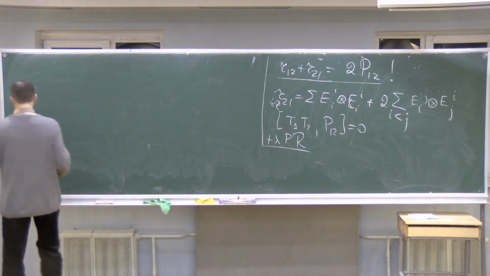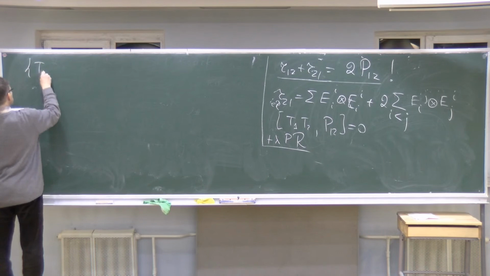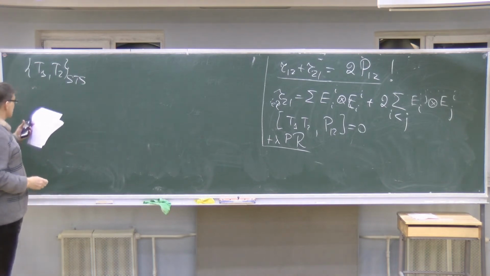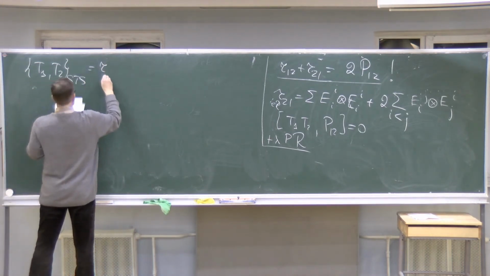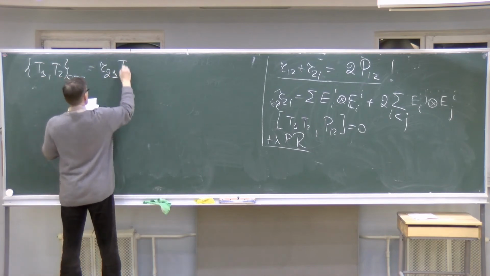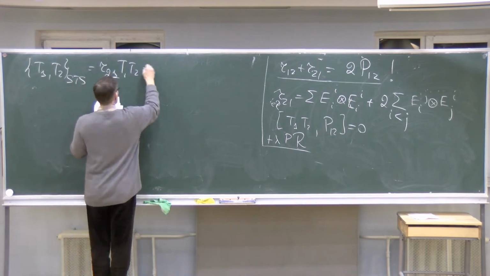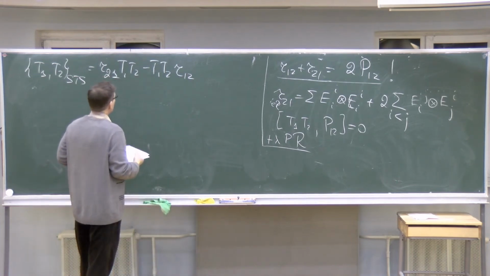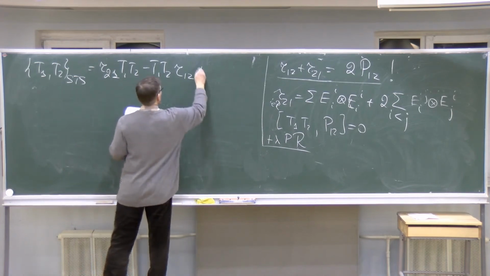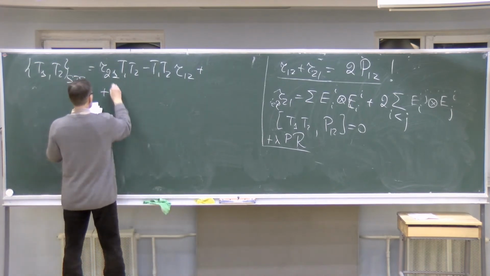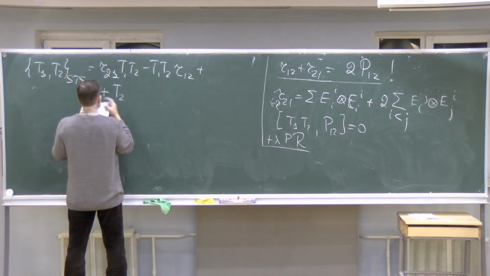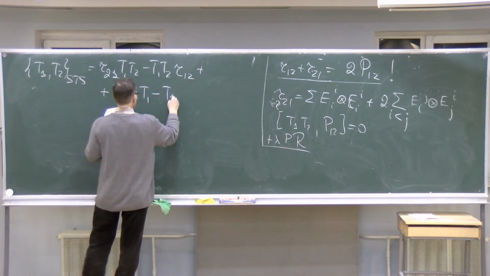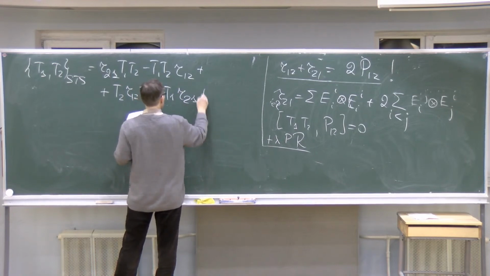And it has the following more complicated form: the bracket of T1, T2, STS, is equal to R21 T1 T2 minus T1 T2 R12, and plus two more terms: T1 R12 T2 minus T2 R21 T1.